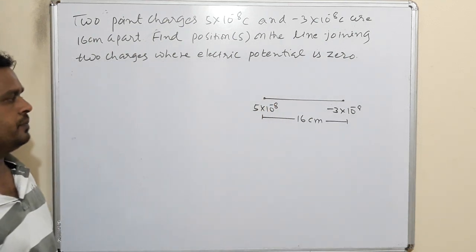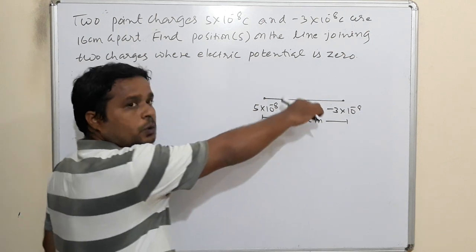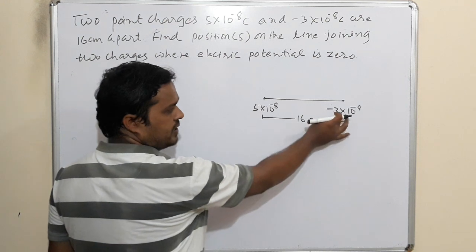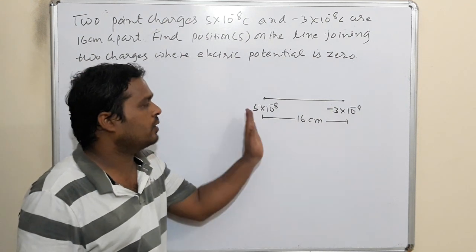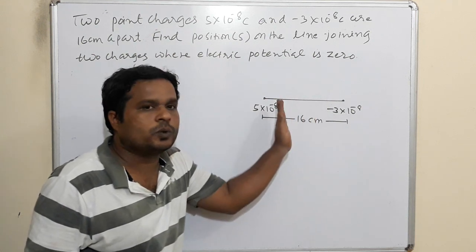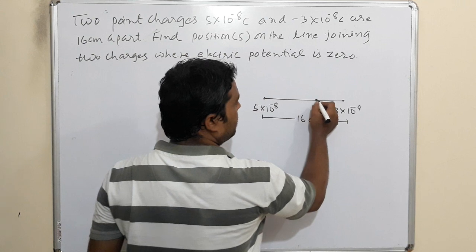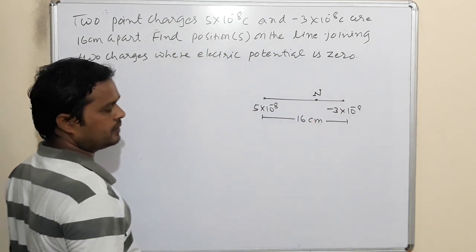I told you, if the neutral point exists in between the charges, it will exist closer to this charge because it is smaller in magnitude. Neutral point exists towards the small charge. Let us say the neutral point is here, in between the charges.